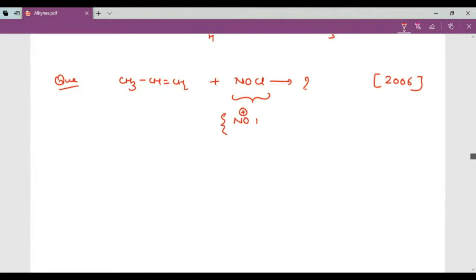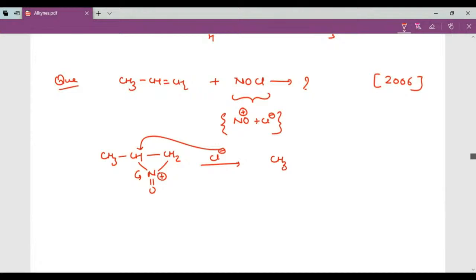You can have it as NO plus and Cl minus. Though the mechanism is through a cyclic nitrosonium ion, the addition is Markovnikov.